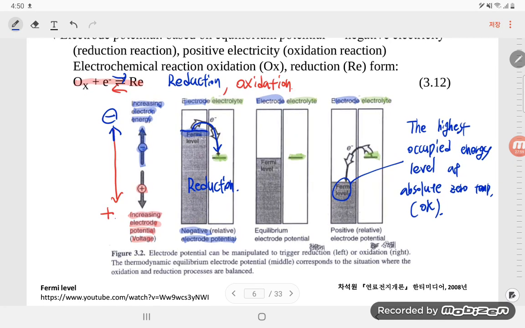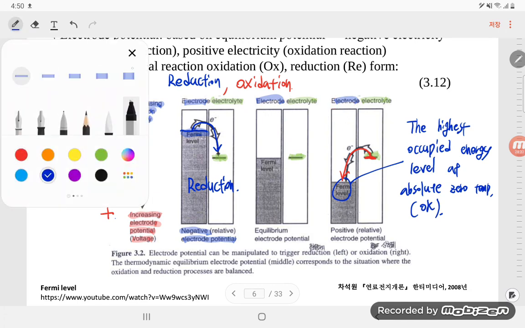And how about the third case? In the third case, in the electrolyte, the chemical species have higher electron energy, right? So the electron can move through the electrolyte into the electrode. That means the electrode potential has more plus energy, that means lower electron energy.